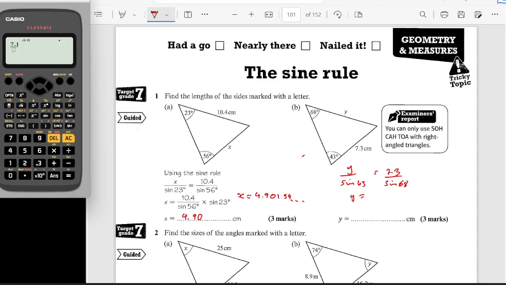So 7.3 over sine of 68, and I want to multiply that by sine of 43. So I'm going 5.36958... which is going to give me 5.37 to 2 decimal places.